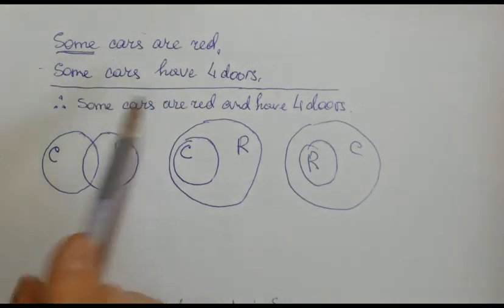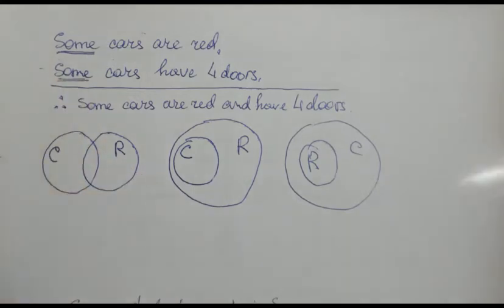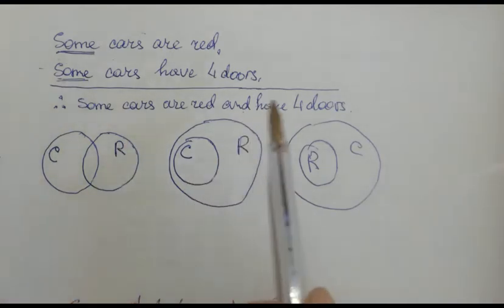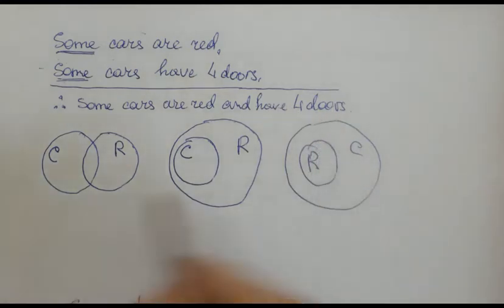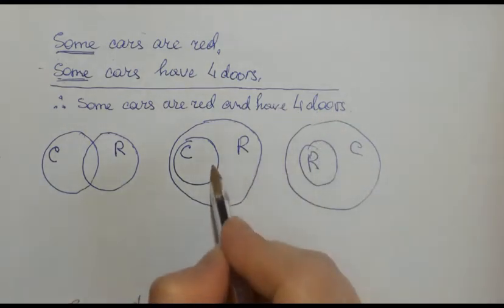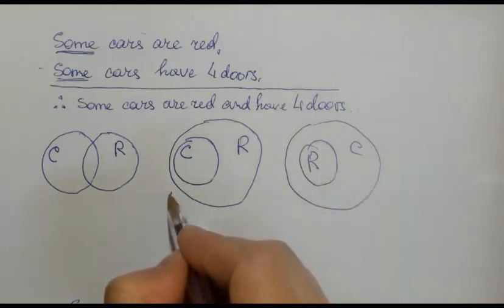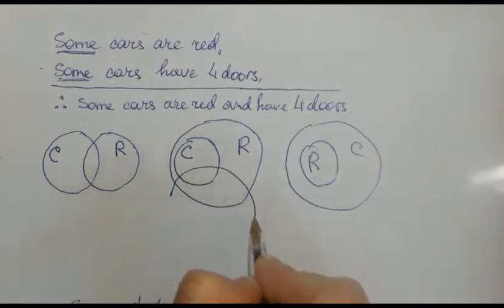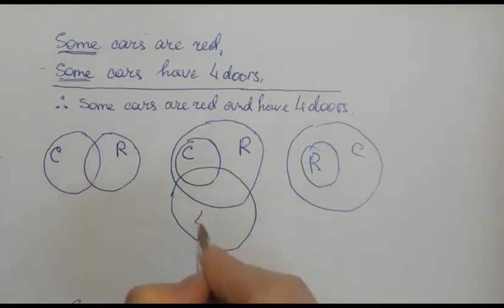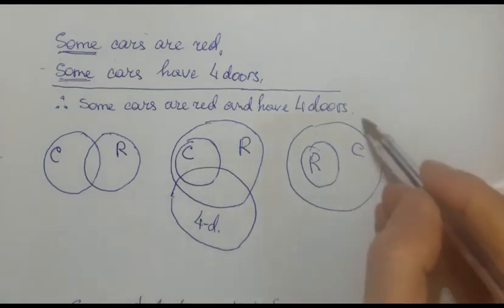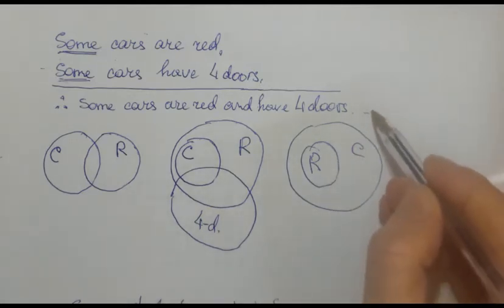Some cars have 4 doors. Again, we have a lot of possibilities for how to draw the circle for 4 doors. The important thing is that this third circle must overlap with cars. For 4 doors things, it can overlap differently.